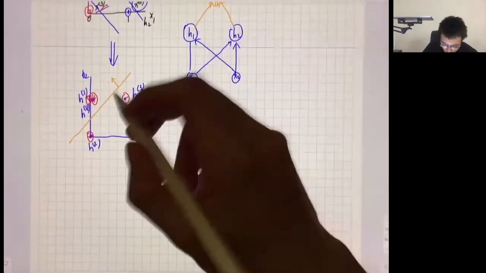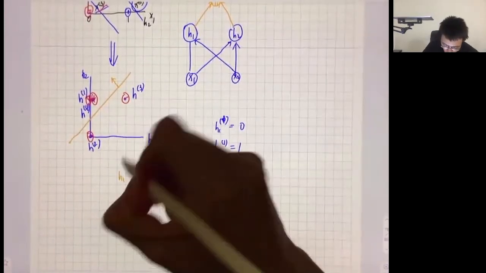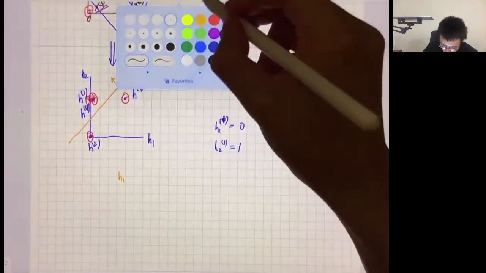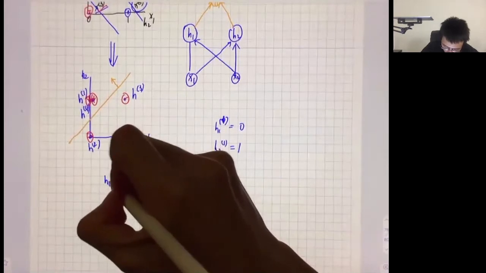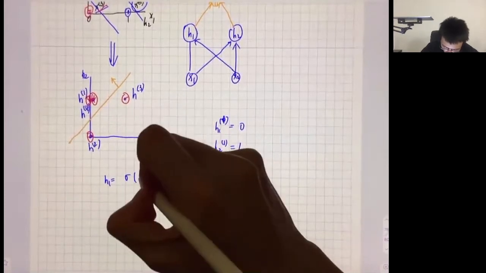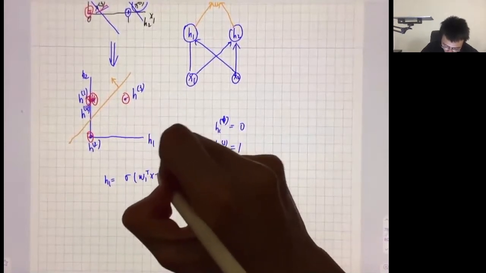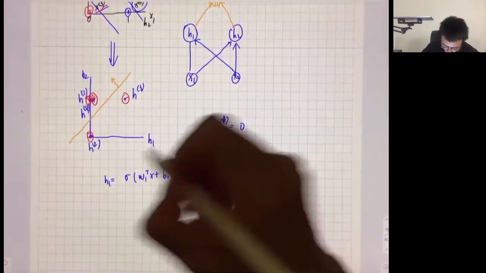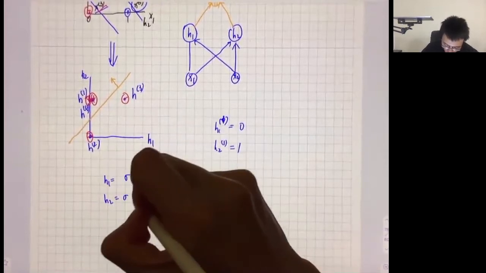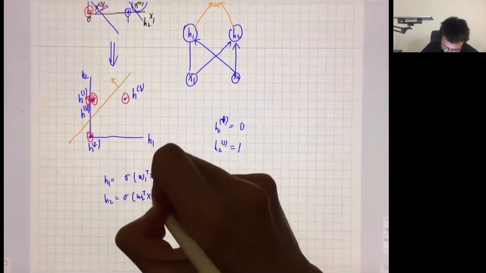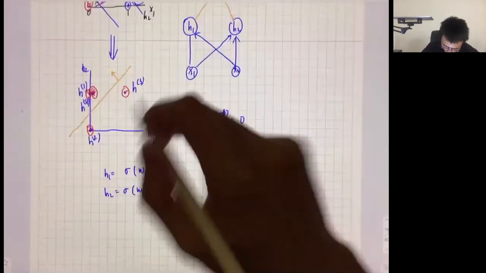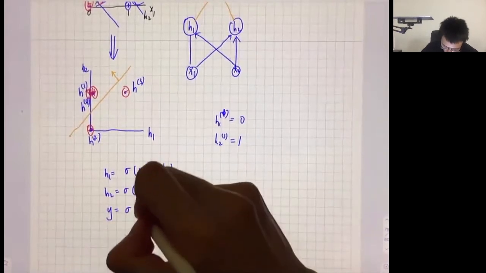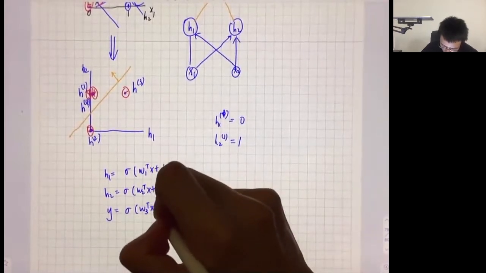So what I suggest is H1 is the sigmoid function of W1 transpose X plus B1. H2 is the sigmoid function of W2 transpose X plus B2. And my final prediction Y is sigmoid of W3 transpose X plus B3, okay?